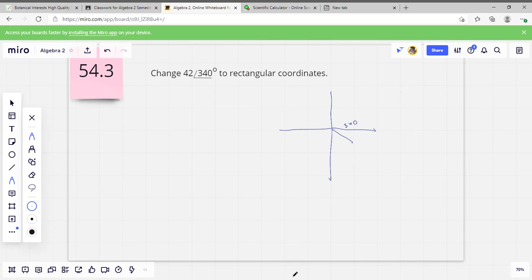So we're going to go 360 minus 340. We're going to get 20 degrees. So that is 20 degrees. All right, and this sticks way out. This goes 42 and then there's that. Alright, so our opposite is here, and our adjacent is here.